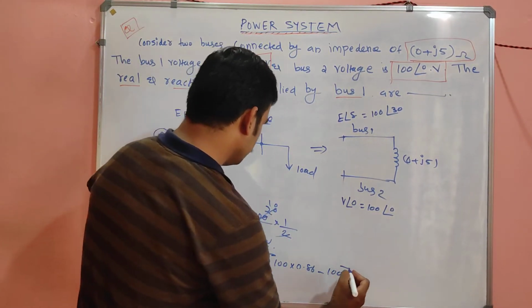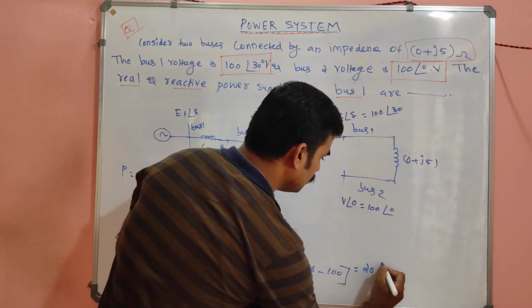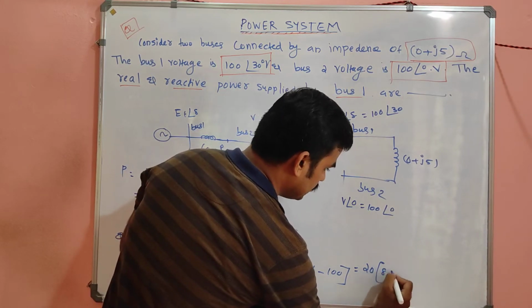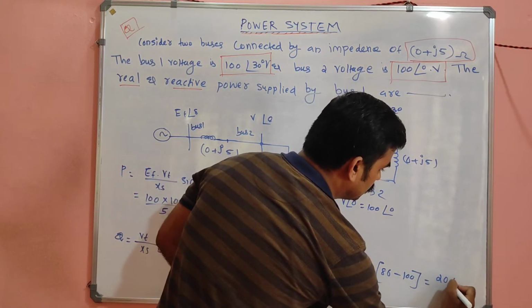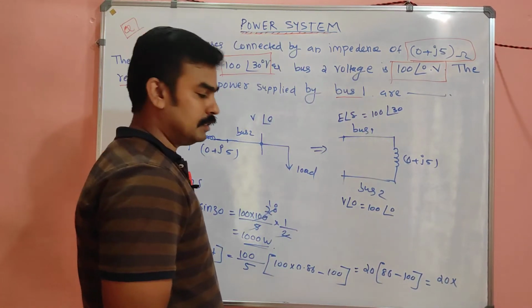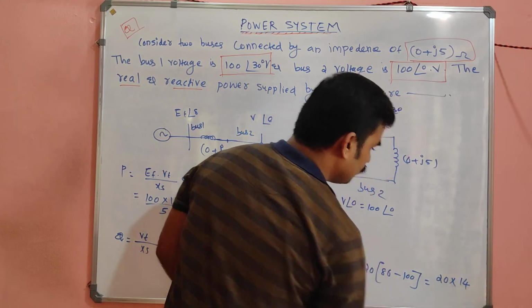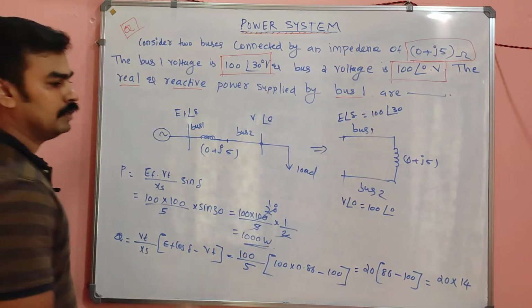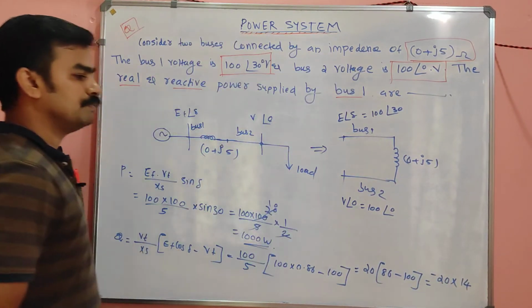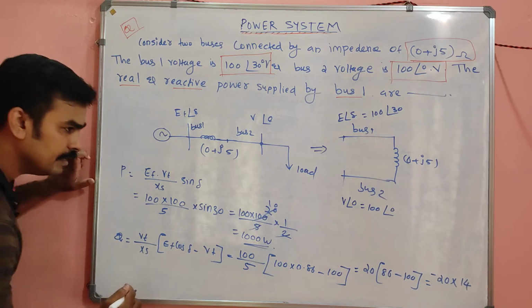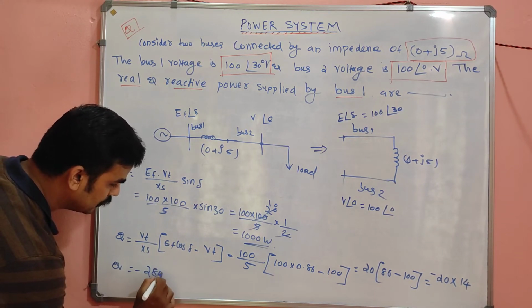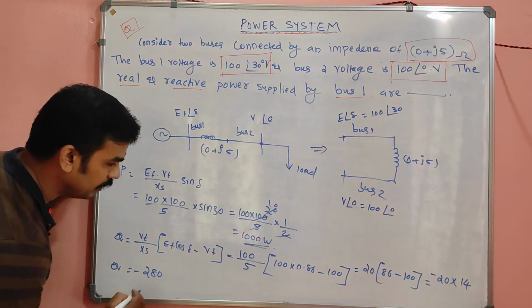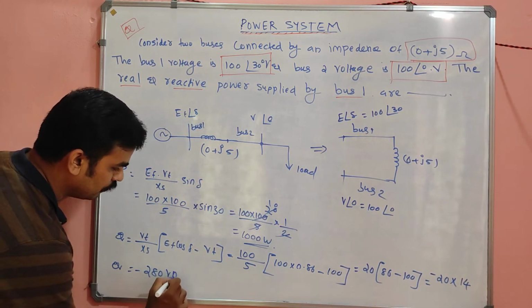So simply it will become 20 into 86 minus 100, which is nothing but 20 into minus 14. So Q is equal to minus 280 VAR.